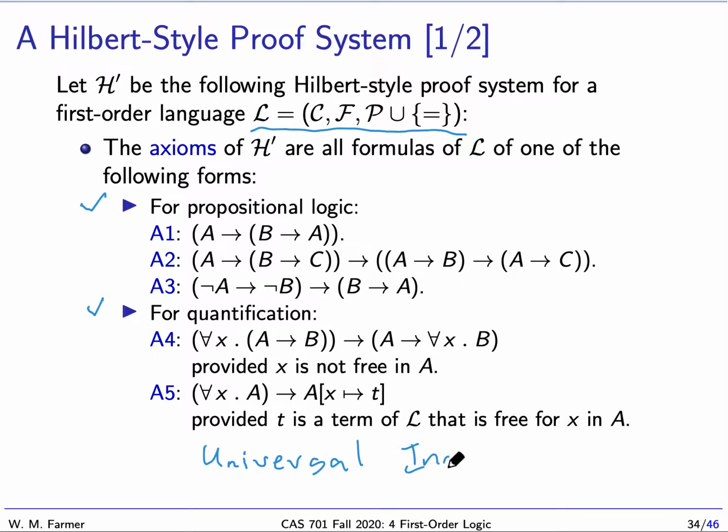So universal instantiation basically says that if we have a universal formula, we can instantiate the quantified variable with any term as long as that term is free for x in A. In other words, as long as that term does not cause a variable capture.